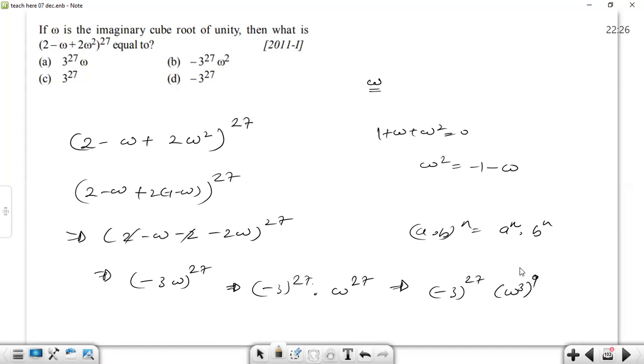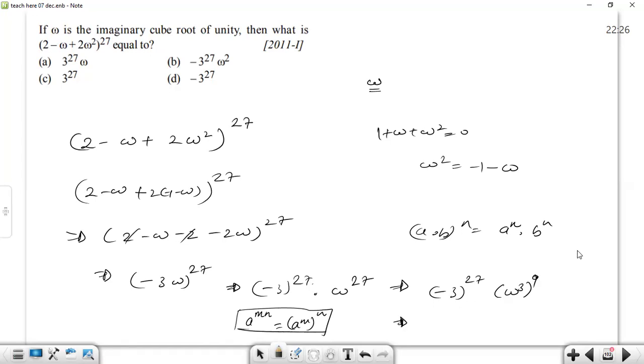So 3 into 9 will become 27. It is the same. What we have done just now: if a raised to power mn is written, we can write it as a raised to power m, and then to the power n. This is the property that we have just used here. Clear? Any doubts, anyone?